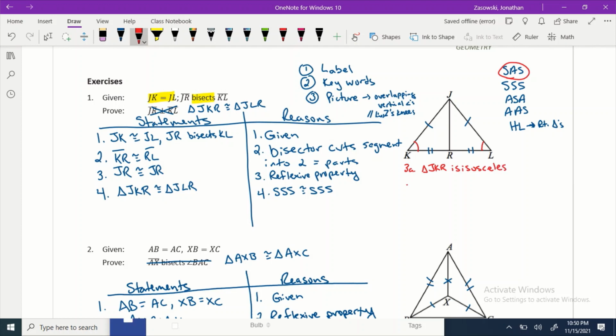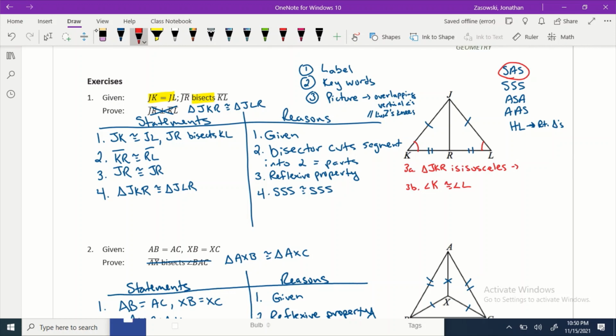Okay, and then for 3B, I'm going to take an extra step. We could have said that angle K is congruent to angle L. So that would have been how we would have gotten those 2 angles to be equal here.